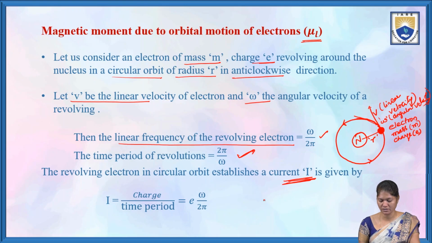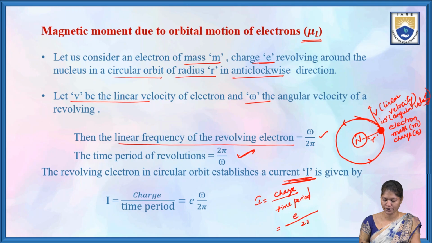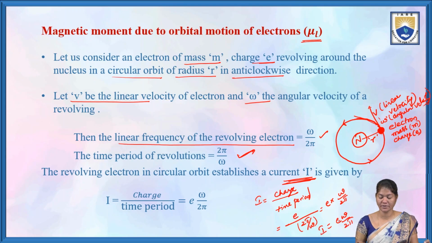So I is equal to charge by time period, which is e divided by 2 pi by omega, so e omega by 2 pi. The established current due to revolving of electron in a circular orbit is I equals e omega by 2 pi.